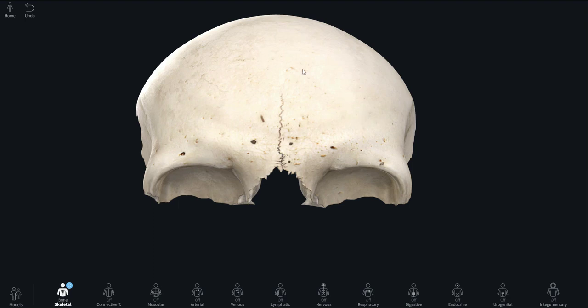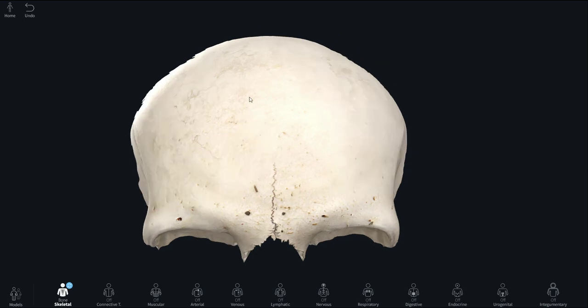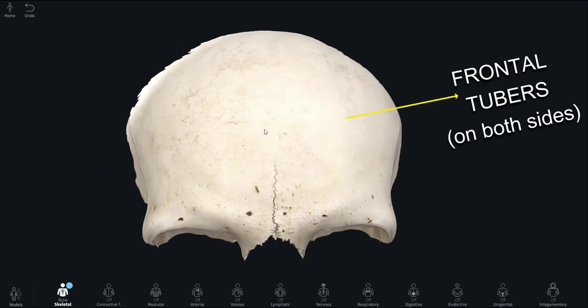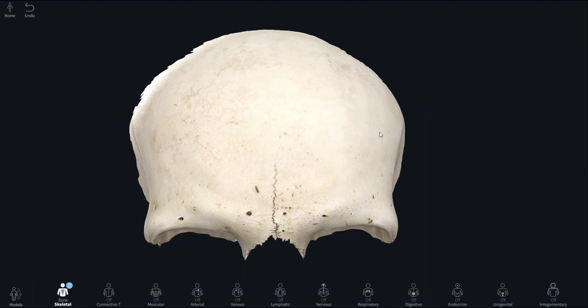Now, just like the parietal bone had the parietal tuber, which was the widest convexity on the parietal bone, the frontal bone also has frontal tubers over here on two sides, okay, laterally on two sides, where the convexities of the squamous part is the maximum.